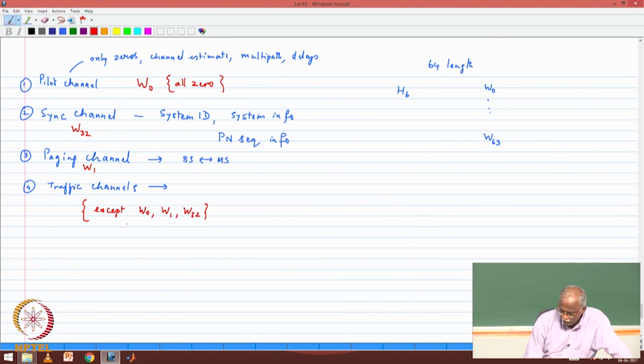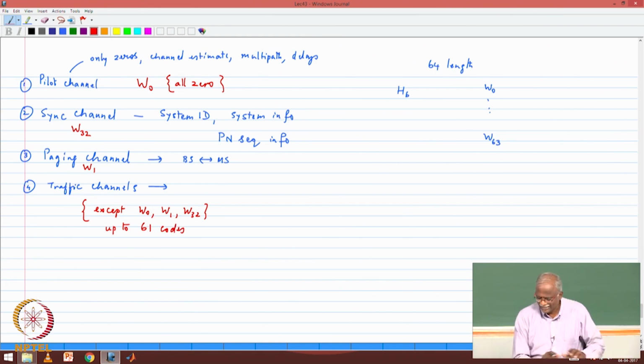I have a total of 64, so I can have up to 61 codes. In other words, I can support up to 61 users, and from practical experience, you will never run out of codes, because the cells are designed such that the number of codes is more than sufficient.